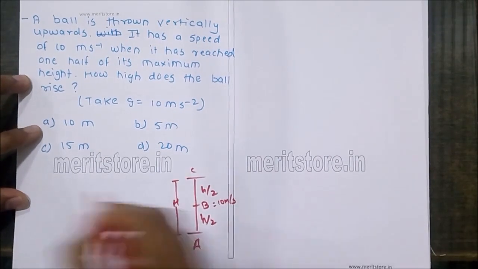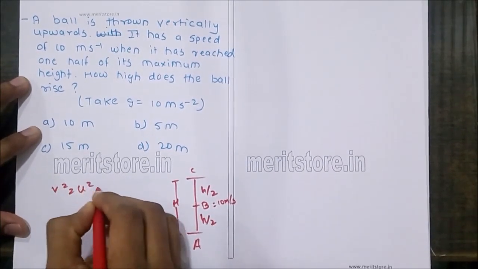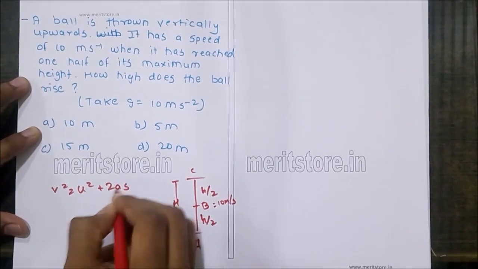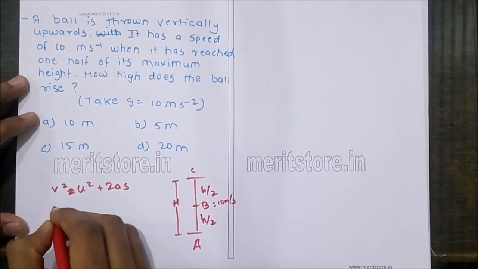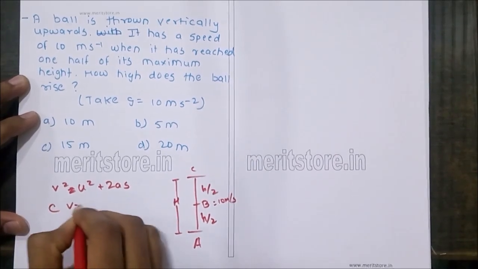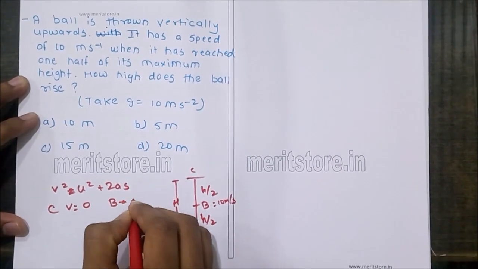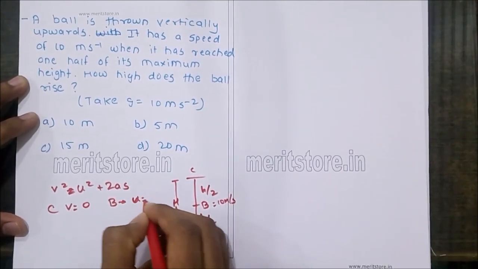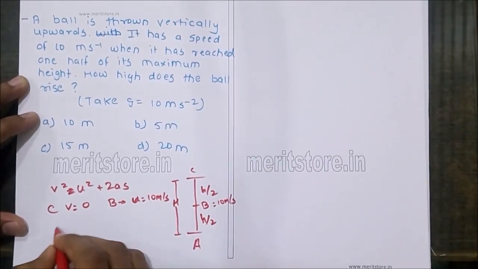Using the kinematic equation v square is equal to u square plus 2as, at point C the velocity is equal to 0 and at B the velocity u is equal to 10 meters per second for the upper half.